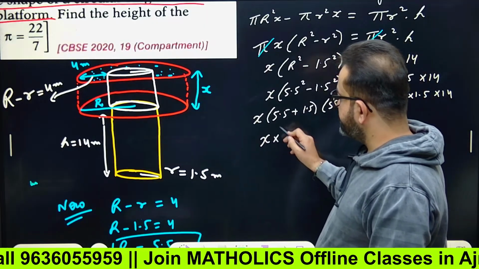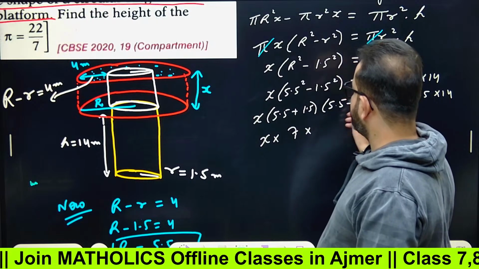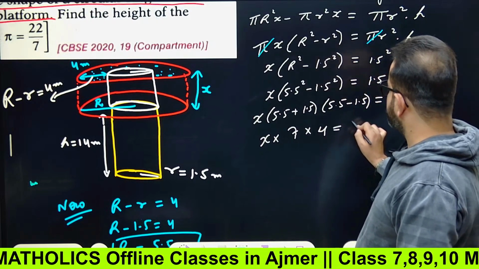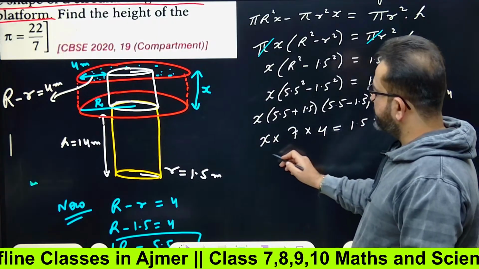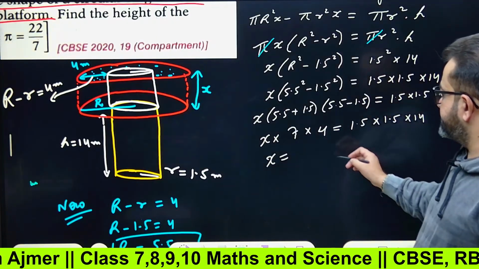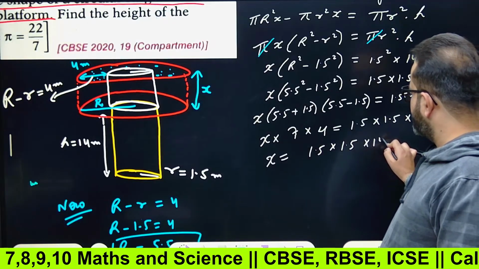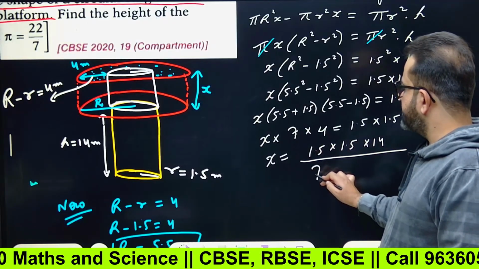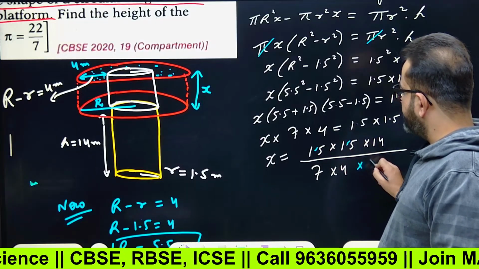So x into what is 5.5 plus 1.5? It is 7. And 5.5 minus 1.5, it is 4. And that's equals to 1.5 into 1.5 into 14. So when I find x, this 7 and 4 will go in the denominator. So this is 1.5 into 1.5 into 14 upon 7 into 4. These 2 points got vanished and here it will be 100.